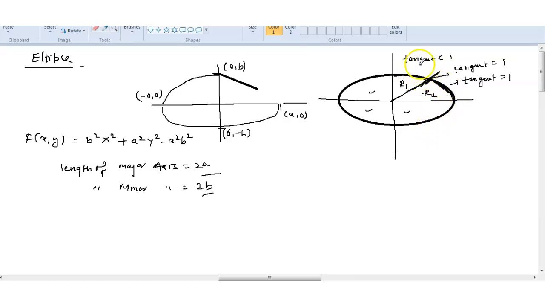You can say that the tangent in the region R1 is less than 1 and here greater than 1. So we have to draw the pixels in two regions R1 and R2 to fill the first quadrant, and the other coordinates we can obtain by using the symmetric property.